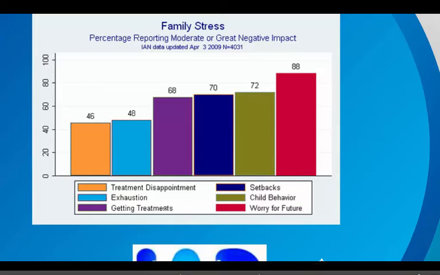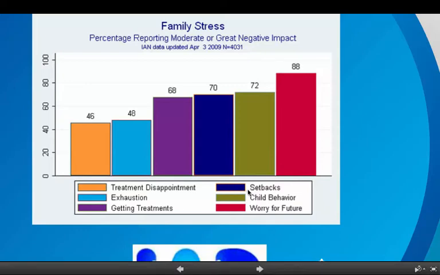Many individuals that you'll be serving will require a variety of different forms of treatment: speech and language pathology, occupational therapy, physical therapy, behavior analysis. So just the coordination for a family can be very difficult. Families can experience stresses as a result of setbacks.